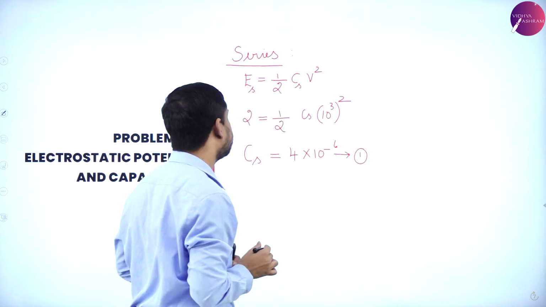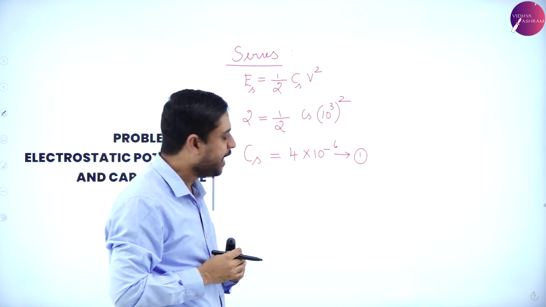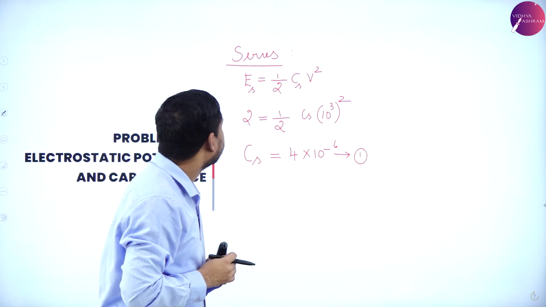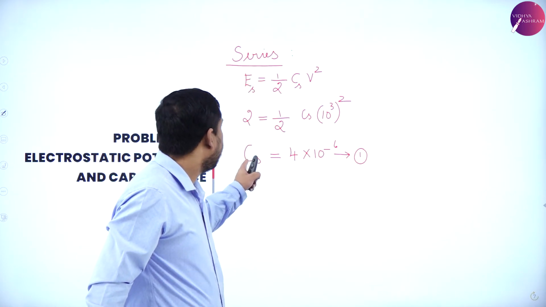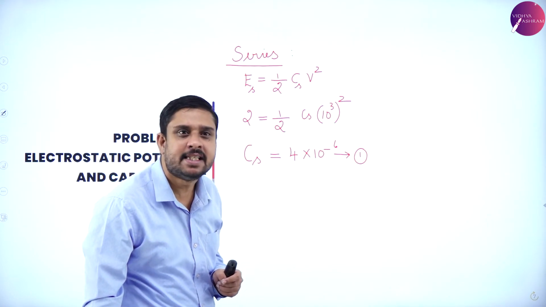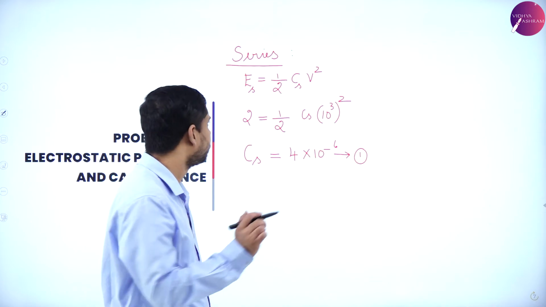I call this equation 1. So very clearly, when two capacitors are connected in series, the effective capacitance is 4 microfarad.